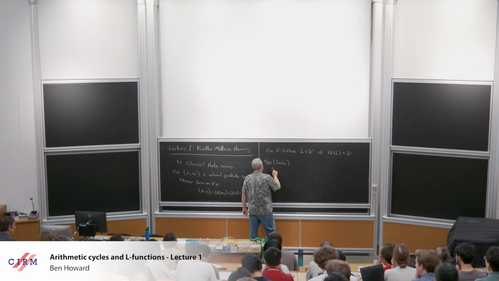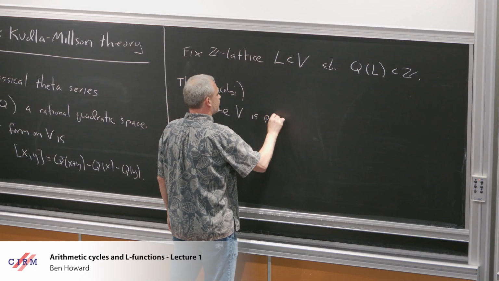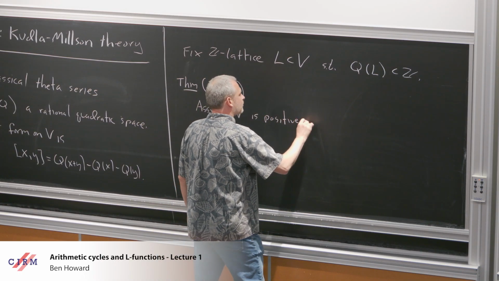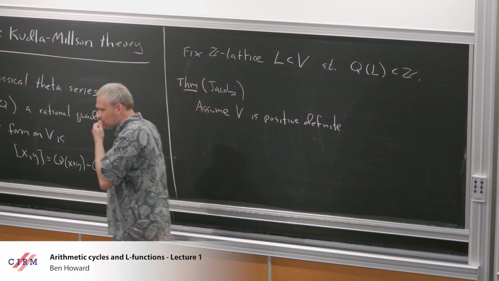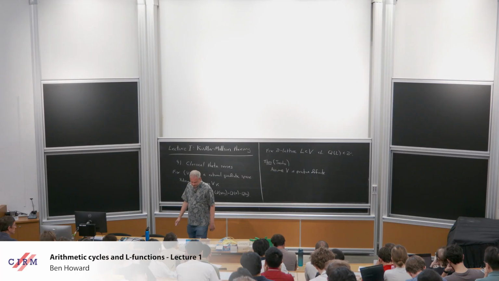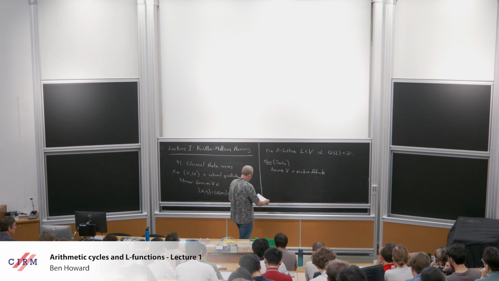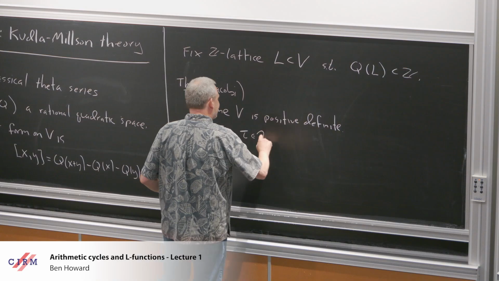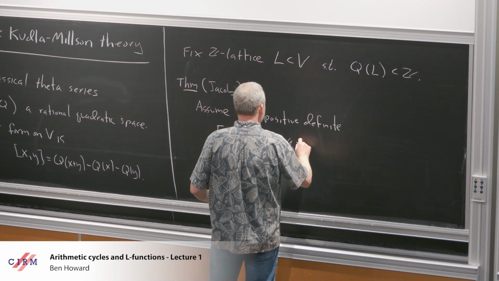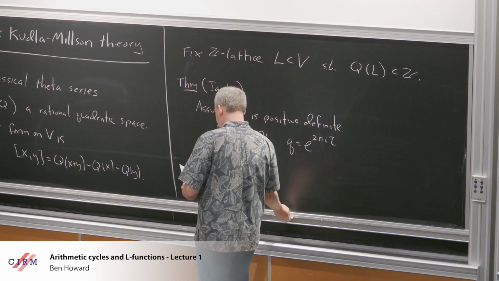Assume that V is positive definite. Then Jacobi proved, so tau is going to be an element in the upper half plane, and q is the usual e to the 2 pi i tau.